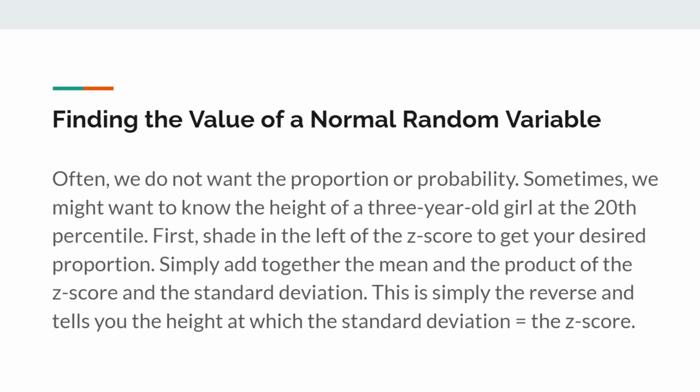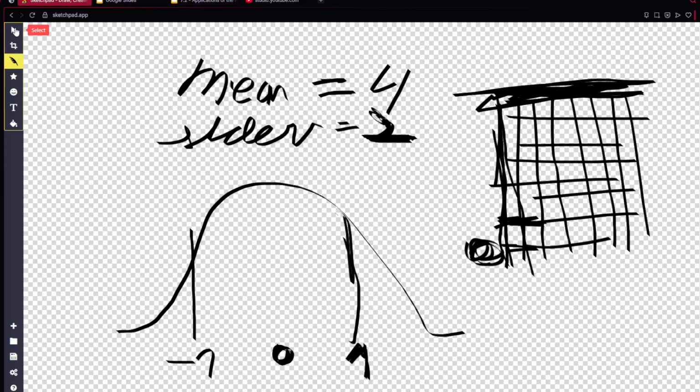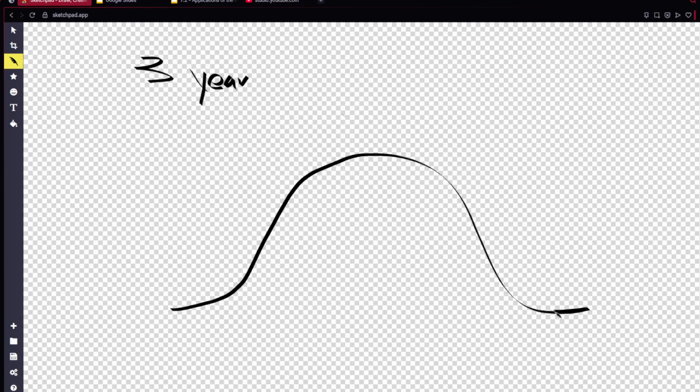So finding the value of a normal random variable. So let's say we want to know the height of a 3-year-old girl at the 20th percentile. So heights of 3-year-old girls, and we have a graph here. 20th percentile would be somewhere right here, or at middle 20th percent.